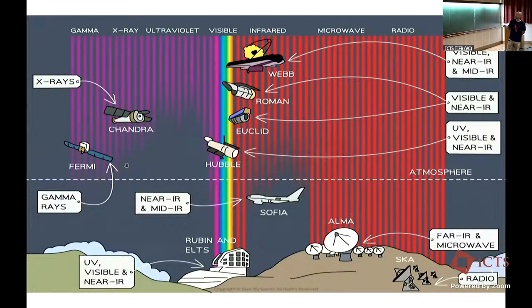And then, of course, in the radio, everything comes through. So that's why we love to do radio astronomy. It's cheapish, because we can build things on the ground. We don't need to go to space. We don't need aircraft. But, of course, some of this is also absorbed, which is why things like ALMA are actually high up in the mountains, about 4,000 or 5,000 meters high, to get above the atmosphere somewhat.